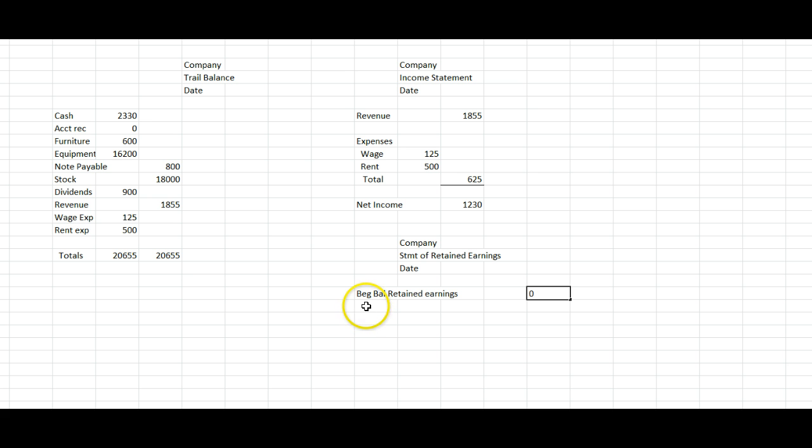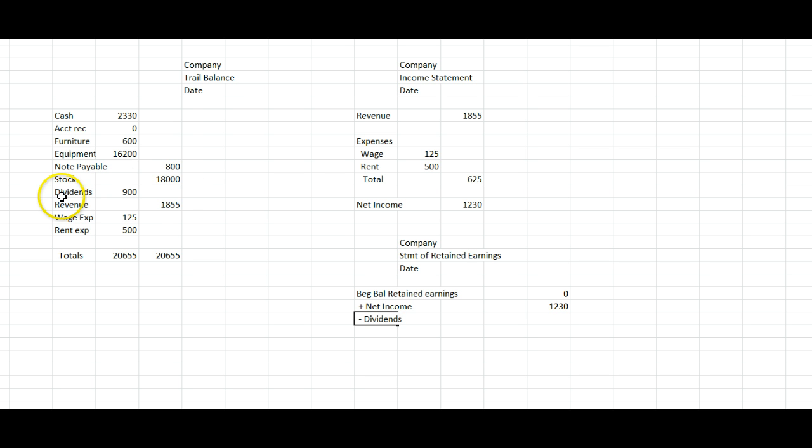Okay? To that, we're going to add our net income. If we have a net loss, we'd have to subtract it. So we get the net income from our income statement, and that's $1,230. Okay. And from that, we're going to subtract any dividends.